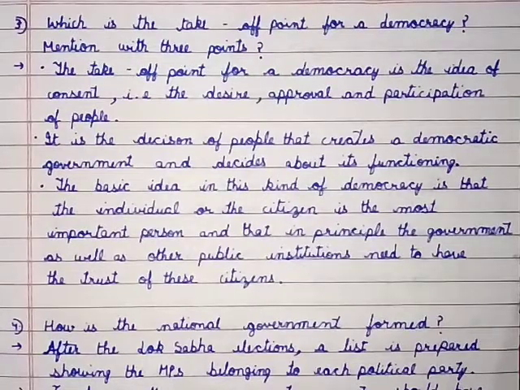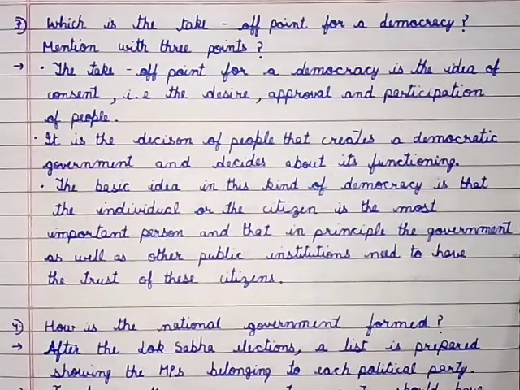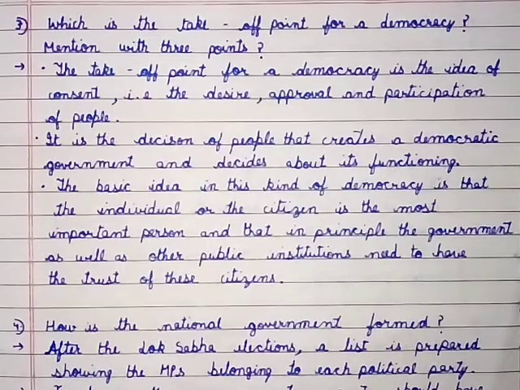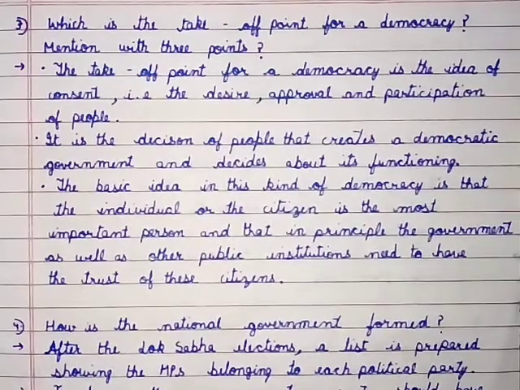Question number 3. Which is the takeoff point for a democracy? Mention the 3 points. The takeoff point for a democracy is the idea of consent, the desire, approval, and participation of people. It is the decision of people that creates a democratic government and decides about its functioning.